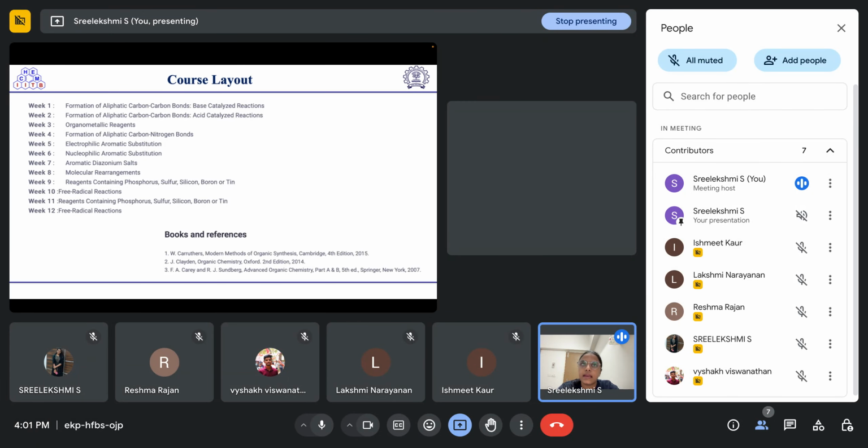This carbanion can undergo different types of reactions like Michael reaction, addition reaction, and substitution reaction. This is the basic scope of base catalyzed reactions. We will briefly discuss which reactions we saw in lecture 1 and lecture 2, and after that we will move to the problem solving session.